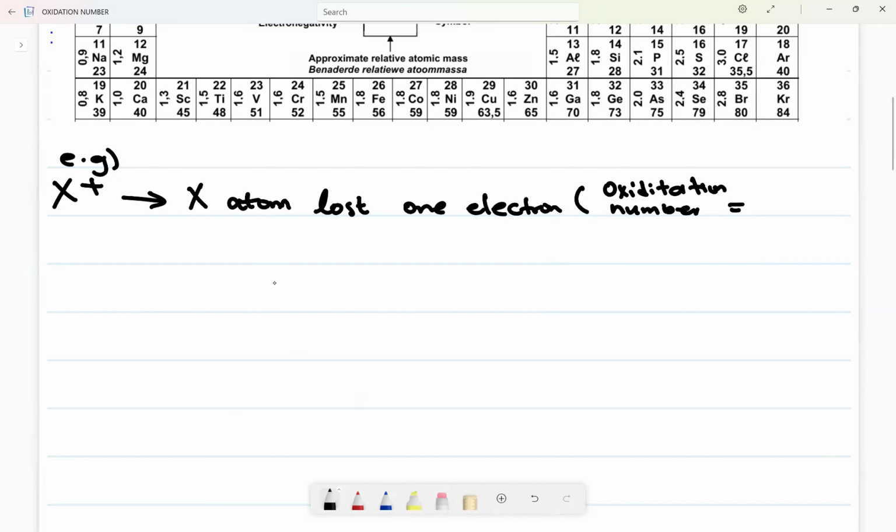When we write it as an element, we say it is X2 plus, okay? This is how we write it. But when we refer to its oxidation number, we're going to say it is plus 2.